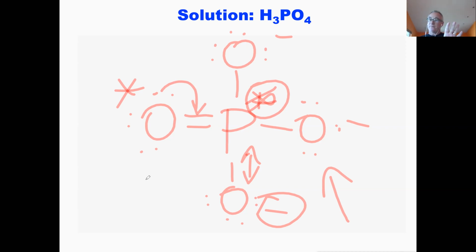Just know that one of the things I constantly try to hammer home is that anytime you can draw a symmetrical diagram, most likely that is going to be the one that you'll actually find in nature, whether or not it violates some sort of rule against formal charges or anything else, because symmetry basically trumps almost anything else.